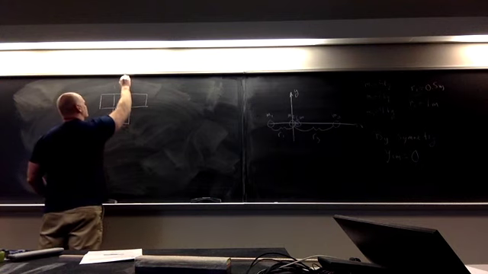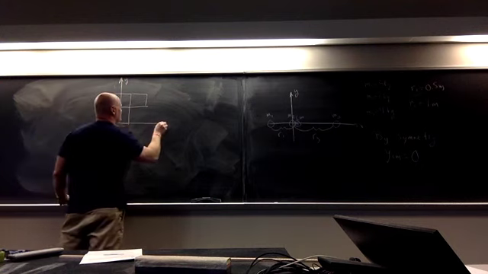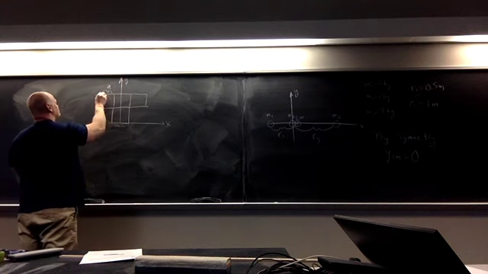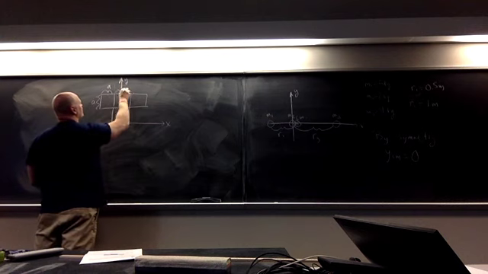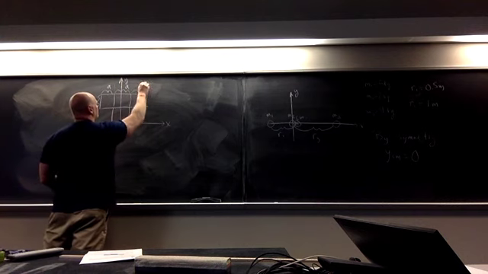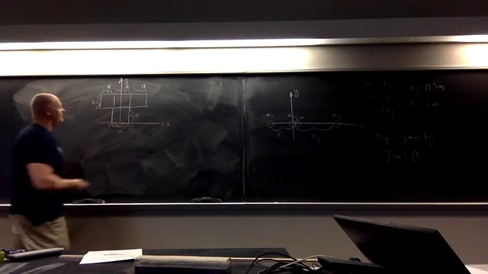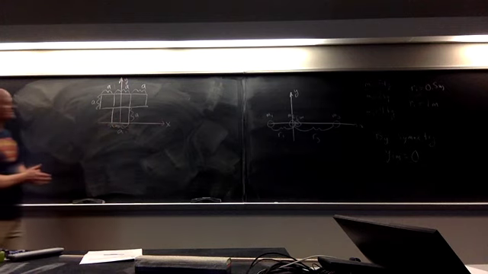According to this coordinate system, if this is the y-axis, this is the x-axis, and all of these sides are side A. So this is A, A, A, A, and A. What is the location of the center of mass?